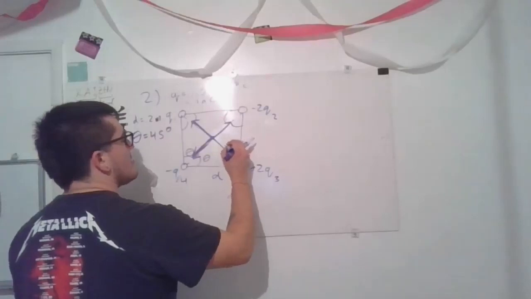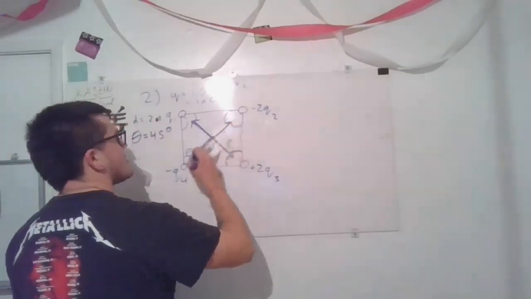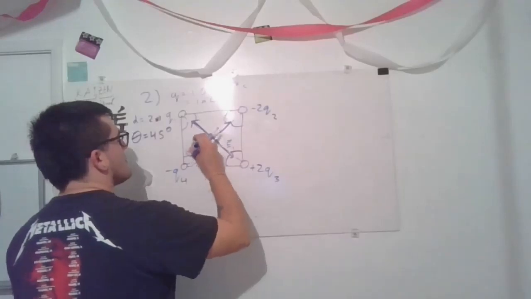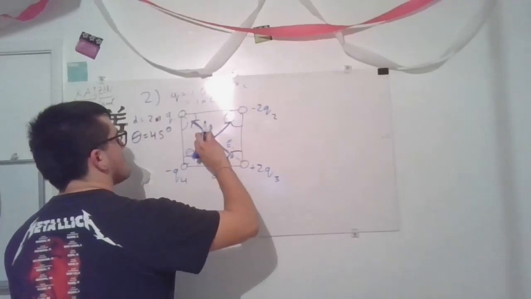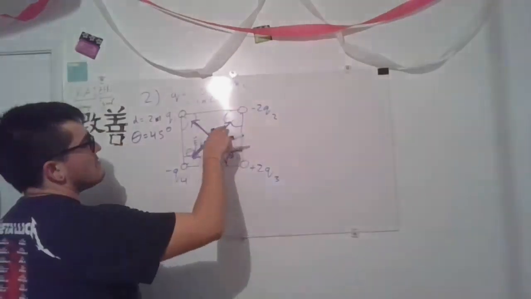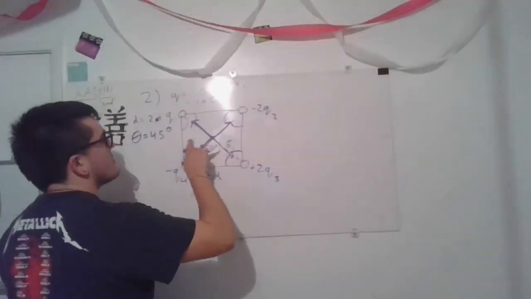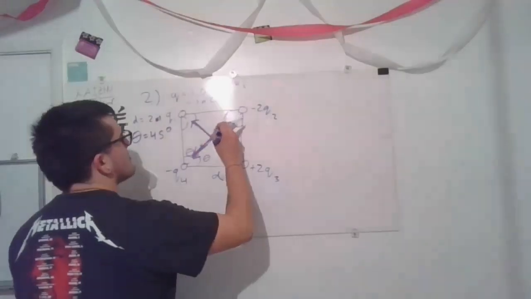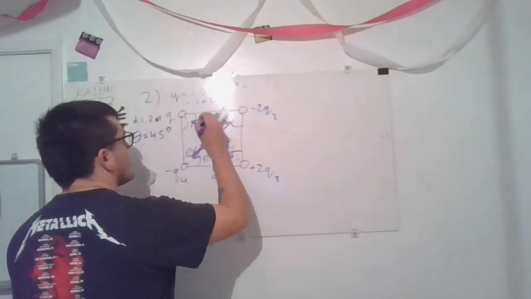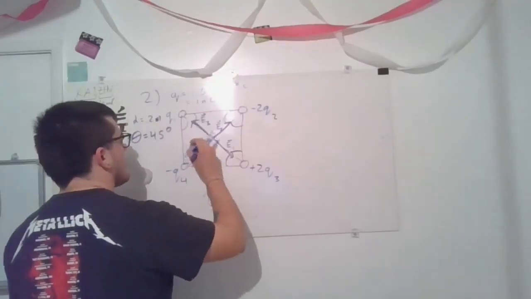So this will be E1, this will be E2. Oh sorry, wrong one. This is E2. This is going to be E3, and this will be E4.